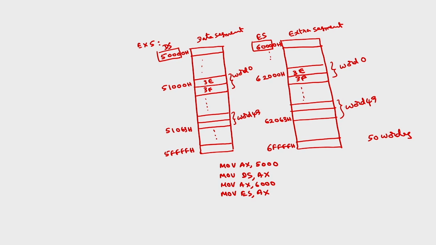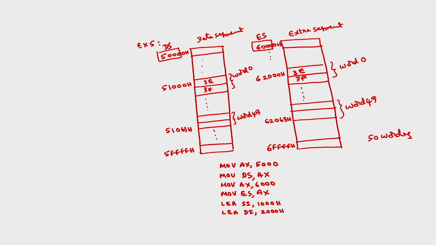Then the offsets, using load effective address. In string operations we know this will be the source index and this the destination index. SI with the offset of 1000, and DI with the offset of 2000.